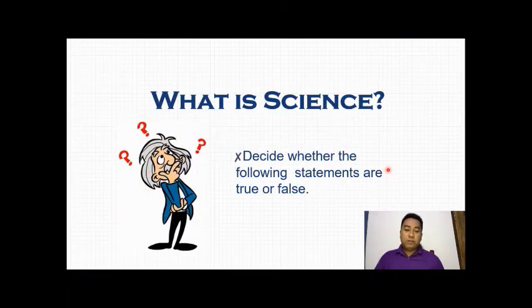I will show you paragraphs with sentences that would define or interpret what is science. You just have to answer whether it is true or false. You might have to take time to read the paragraph.